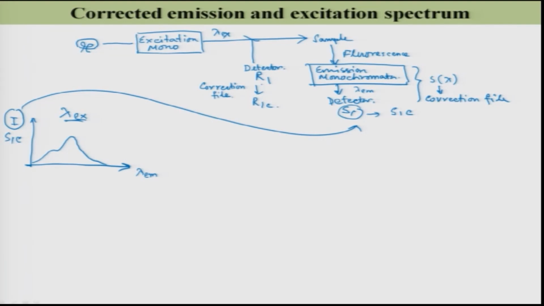I do not have to compare with anything, it is only one wavelength. So, simply this is S1C by R1. So, remember that if you just plot S1 versus lambda emission, you are not going to get the correct emission spectra, but in this case you will get the correct emission spectra. Similarly, for this, so this is my emission spectra.